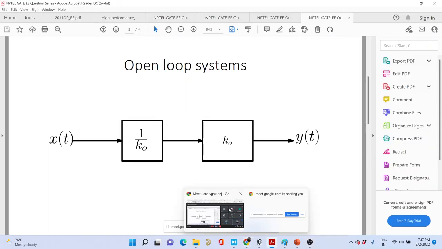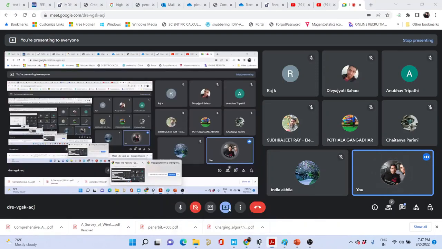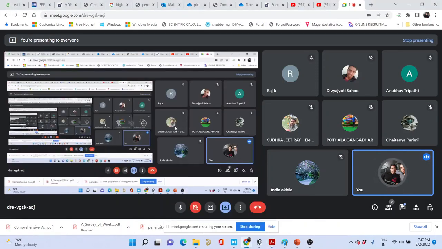Anubhav, what is the main purpose behind all these things that we are studying? What is the motive behind studying all these transfer functions, stability studies, Bode plot and root locus? What are we actually trying to achieve?